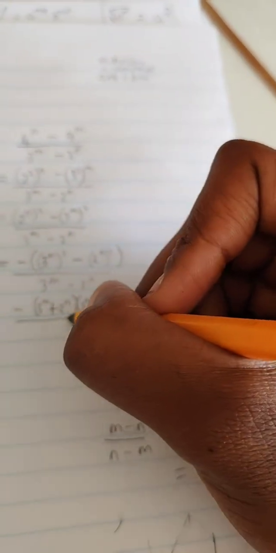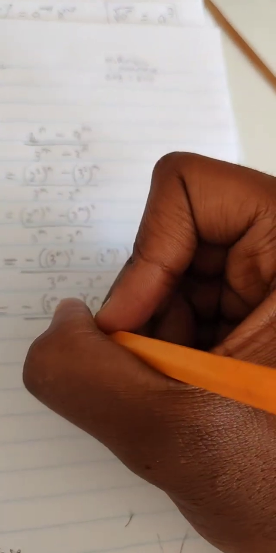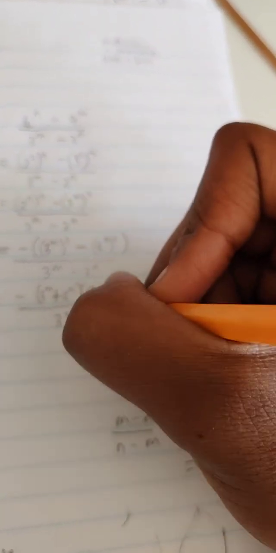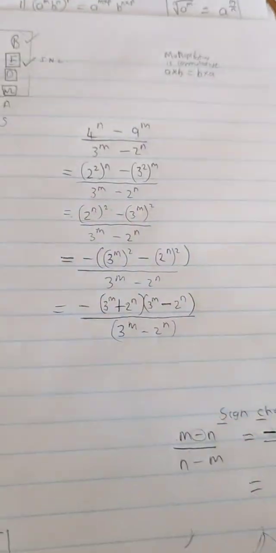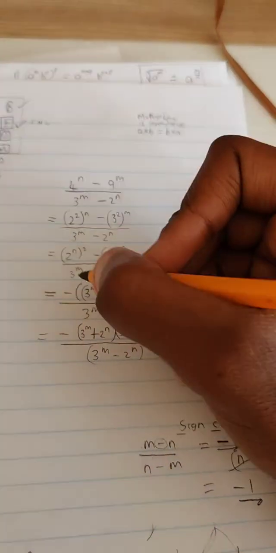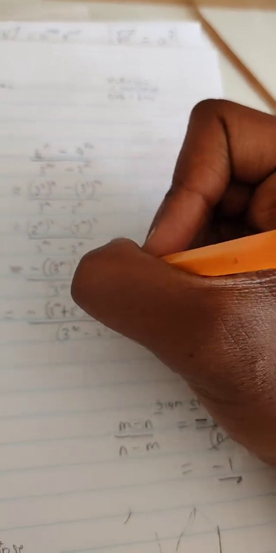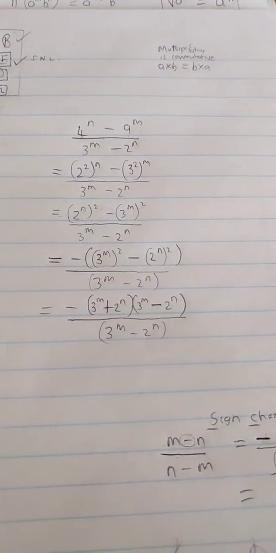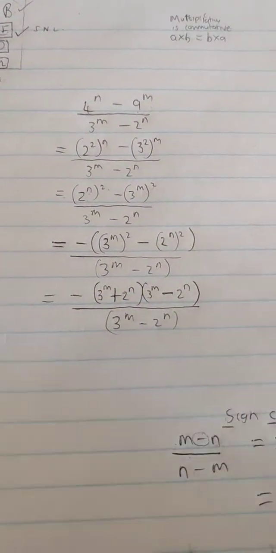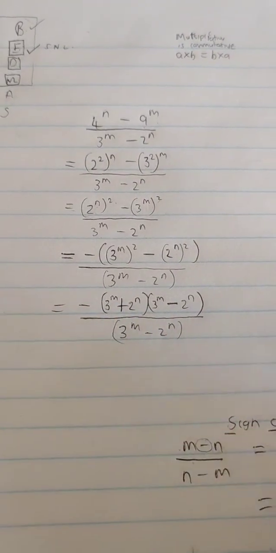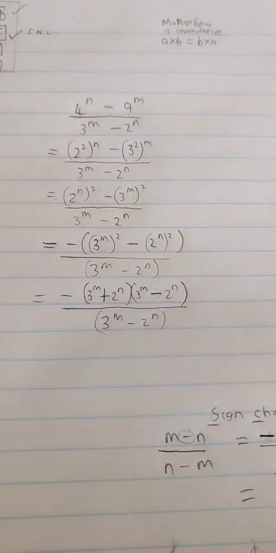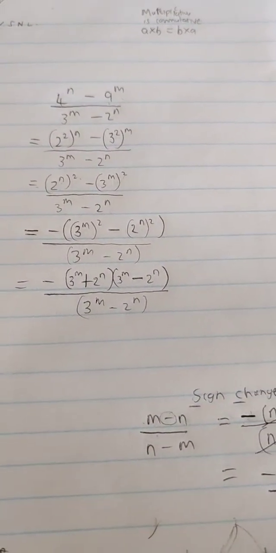What is that all going to be over? It's going to be over 3 to the power m minus 2 to the power n in brackets. We make it 1 as well, having taken out a common factor of 1. 1 is outside here, -1 is outside. Now, that sign change rule assists.